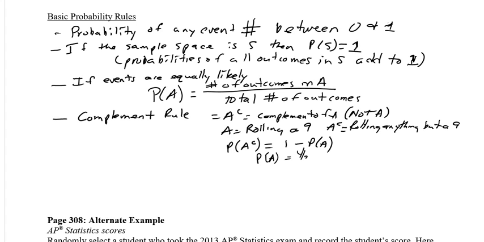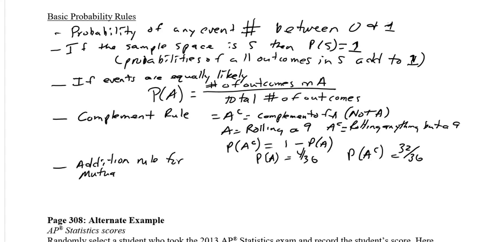And the addition rule for mutually exclusive events. It says this: the probability of A or B equals the probability of A plus the probability of B. In other words, I just add the 2 probabilities.